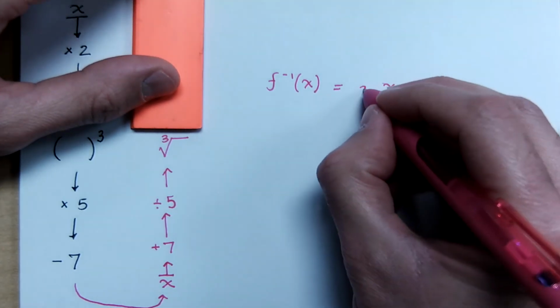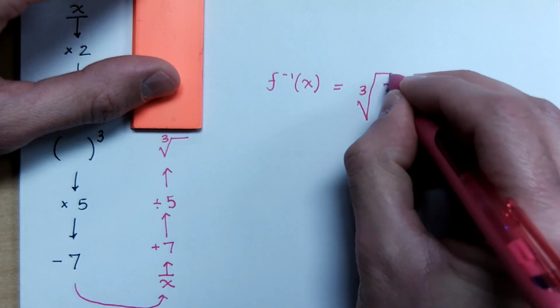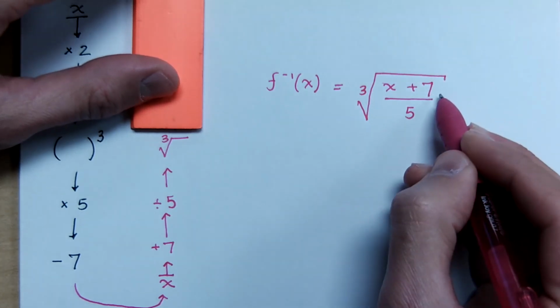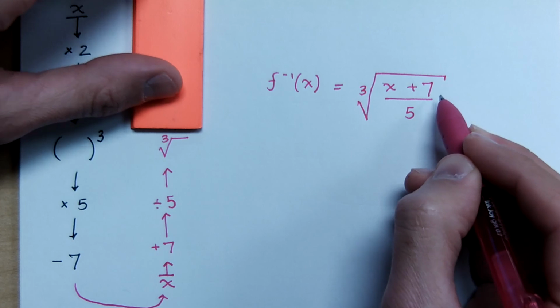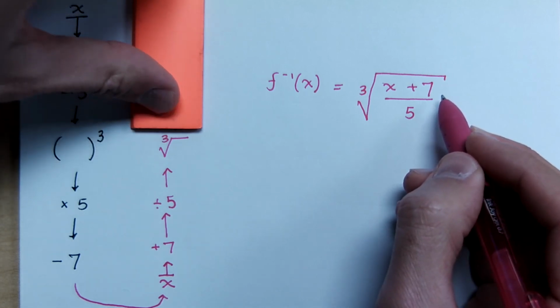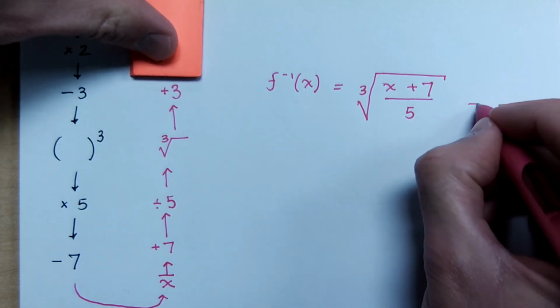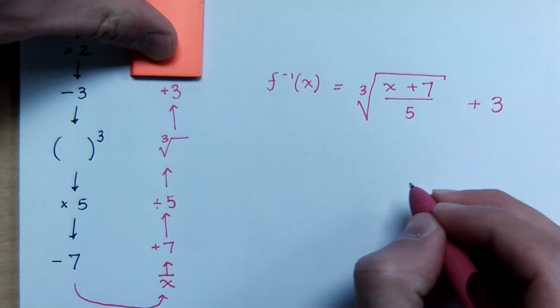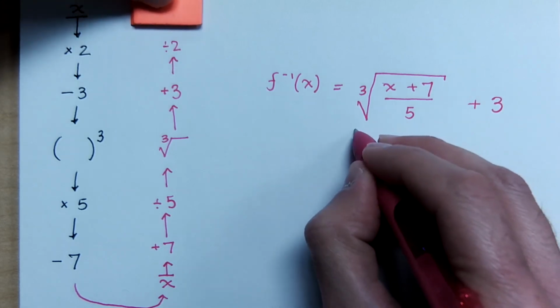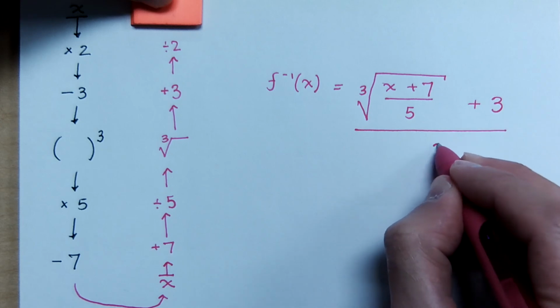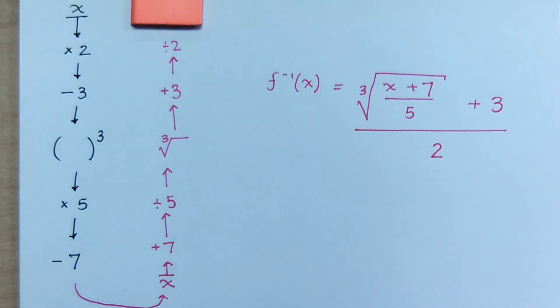Put the whole thing inside of a cube root, understanding that it stops right here, right? What am I going to do to that cube root? Add 3. So I'm going to add 3 outside here, and then what? Divide by 2. All over 2. Divide the whole thing by 2. And that, ladies and gentlemen, is what's up. You also could have done the longer process, and it would have worked out to be the same.